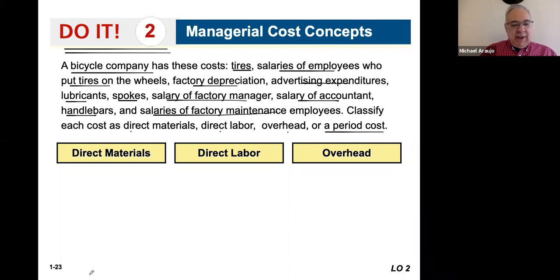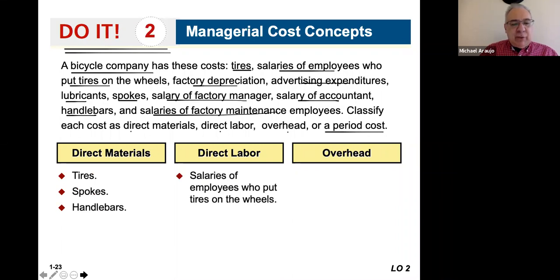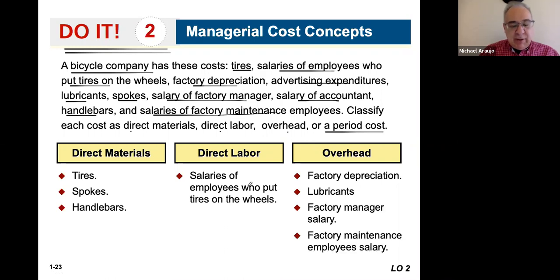Right. So, again, when you look at it, your direct materials would include your tires, spokes, and handlebars. That's how you make a bike. You would have your direct labor, or the salaries for the people who actually put the tires on the wheels. Let's hope they include the spokes and the handlebars as well.